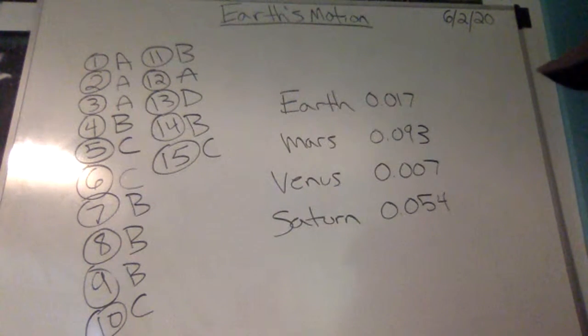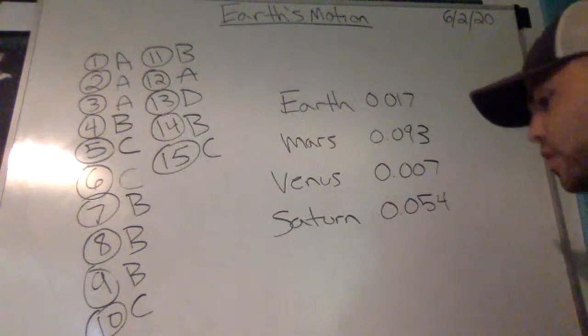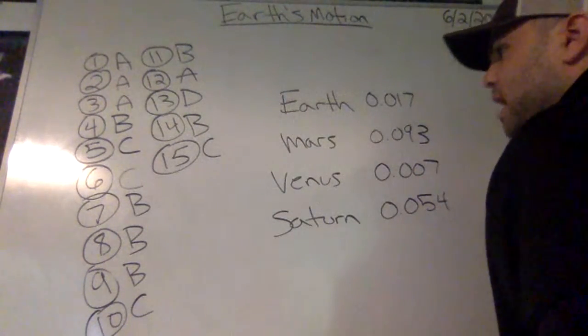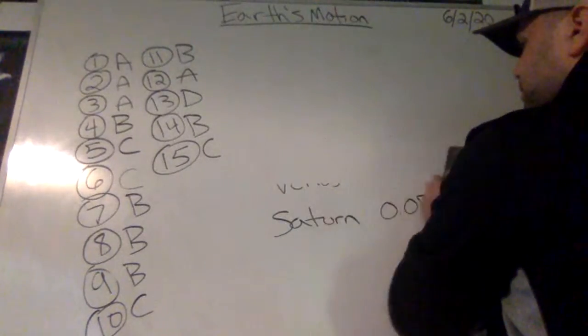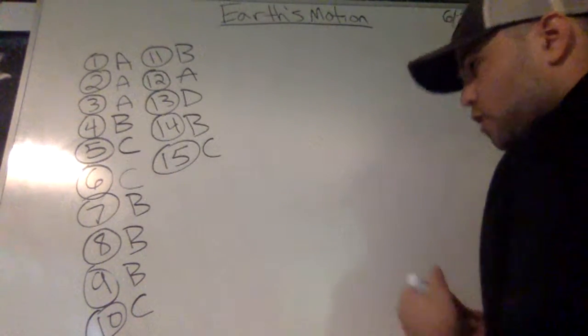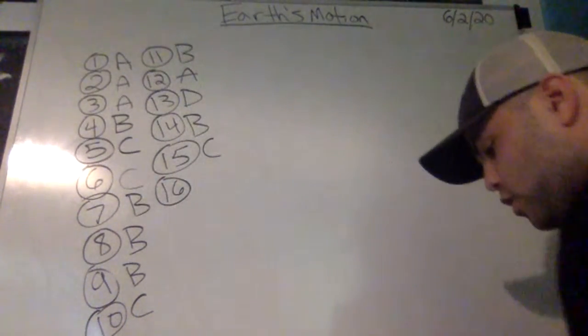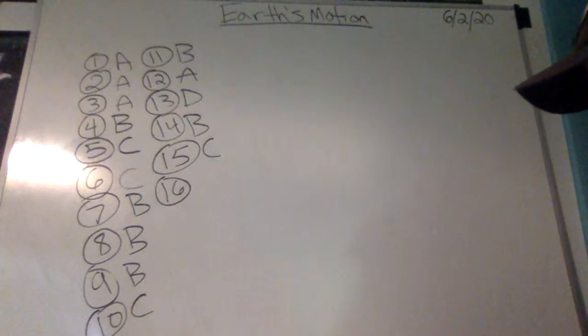Now, the second part, it gives you a chart, and you're just going to be reading off which ones have the closest eccentricity, okay? So for number 16, it's asking you which 2 sets of planets have nearly the same eccentric orbit.